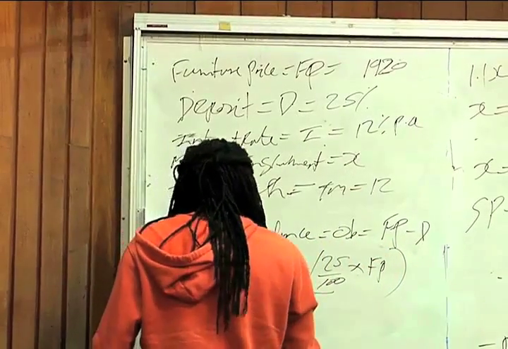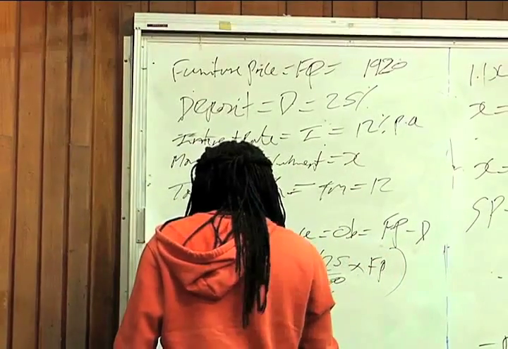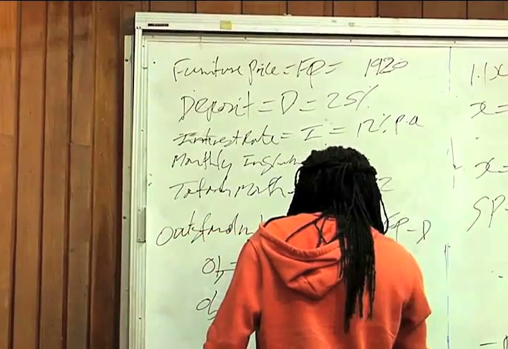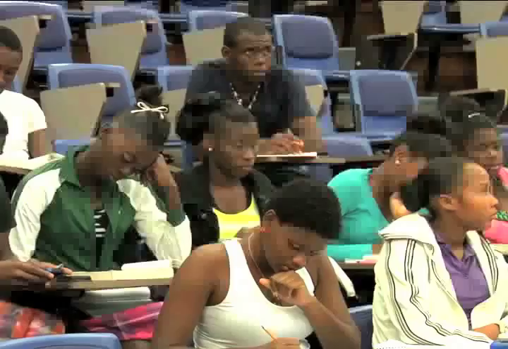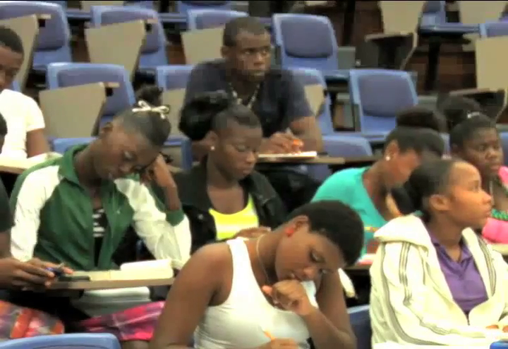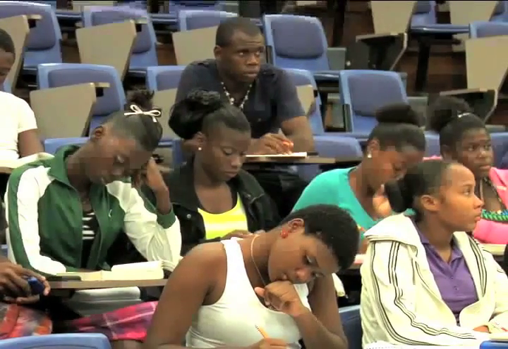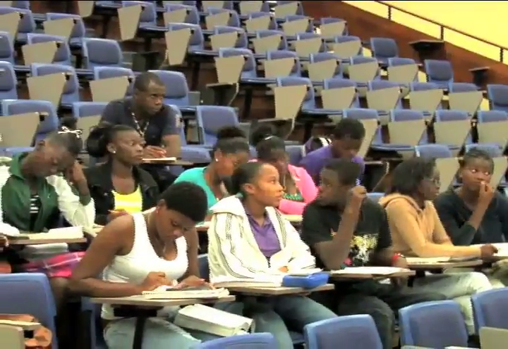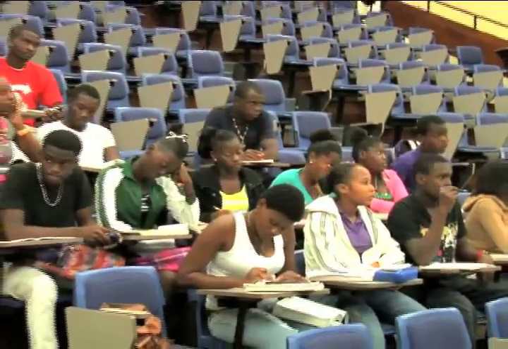What's FP? OB equals 1920 minus 25 over 100 times 1920. You want to find the outstanding balance, so it must be the price minus how much you pay.